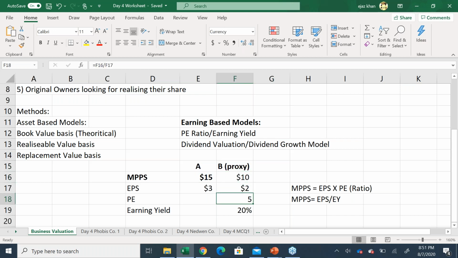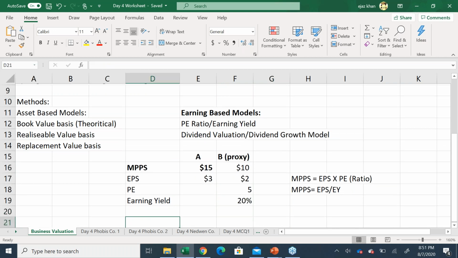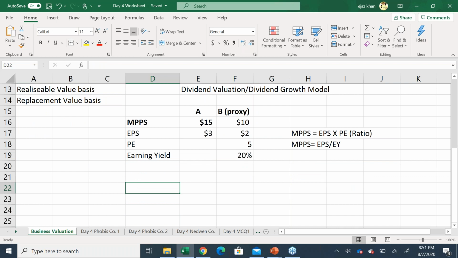According to this PE ratio of a listed company, the price of this company should have been 15, but only if this company was a listed company. Since it's not, as a rule of thumb, we create a range of the price. There's no strict rule that we have to do it.